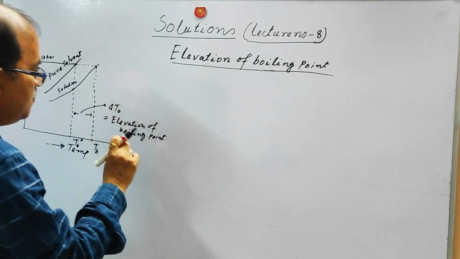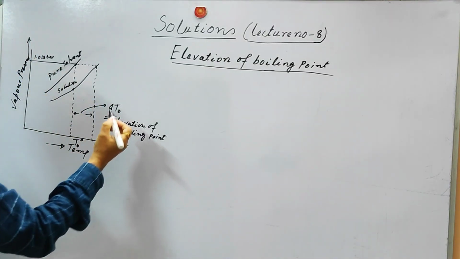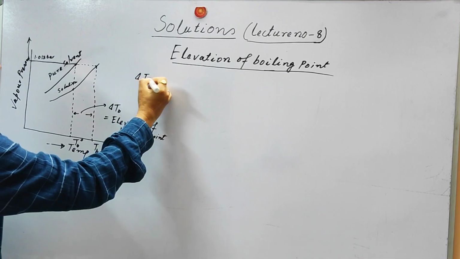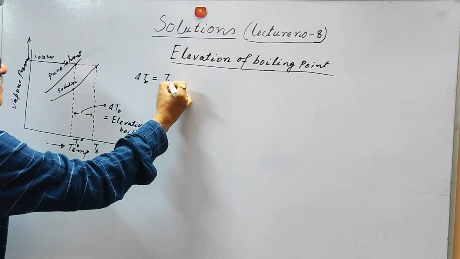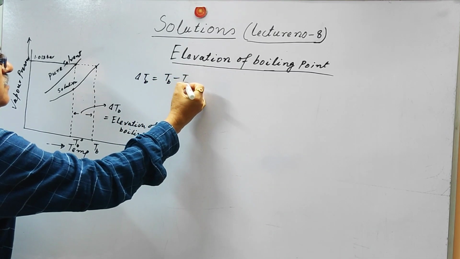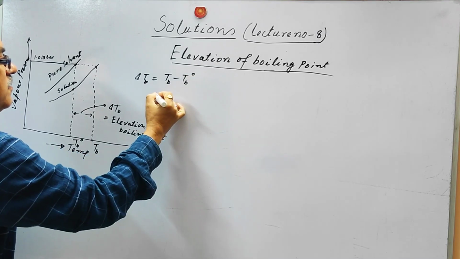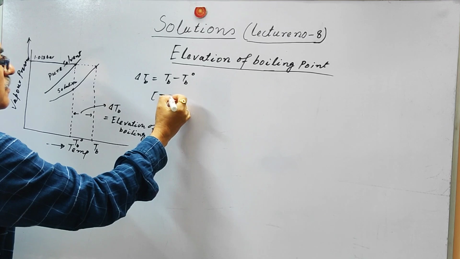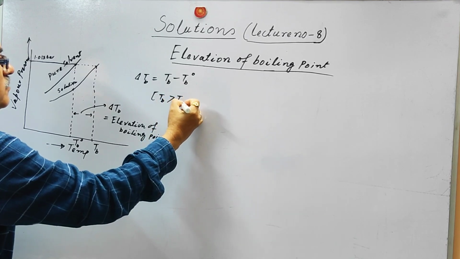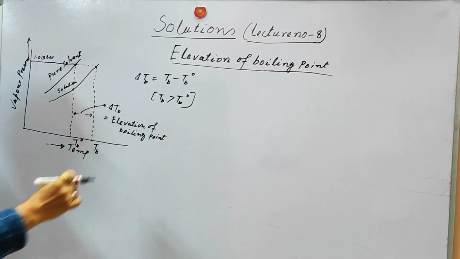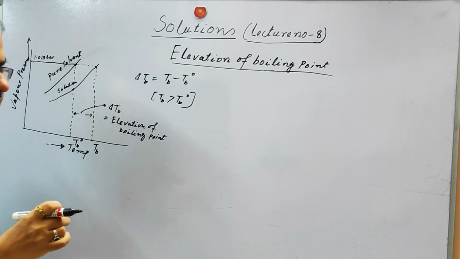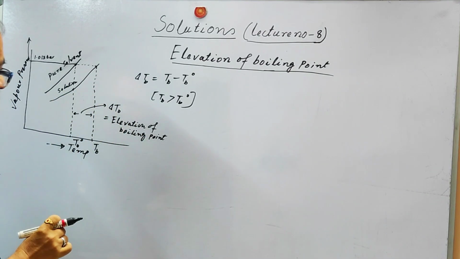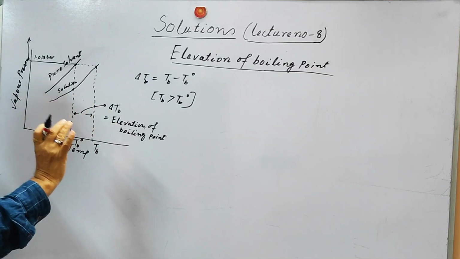This is called the elevation of the boiling point. So we can write delta TB is equal to TB minus TB0. Here TB is greater than TB0. That is, the pure solvent has a lower boiling point than the solution.